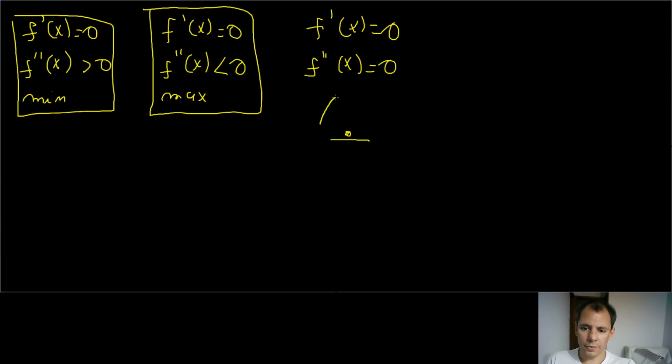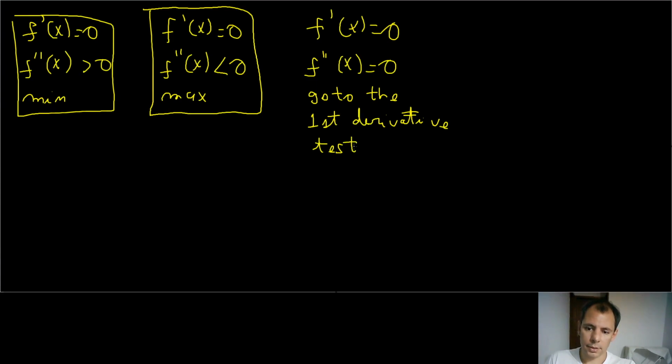If it's positive here and negative here, this is a maximum. That's this stuff. Then when this happens, go to the first derivative test.